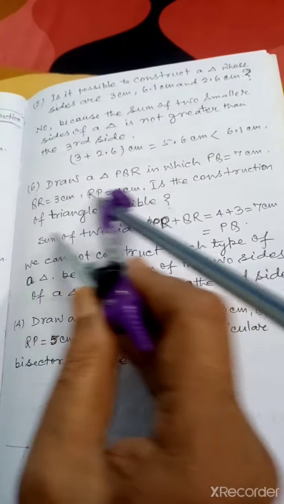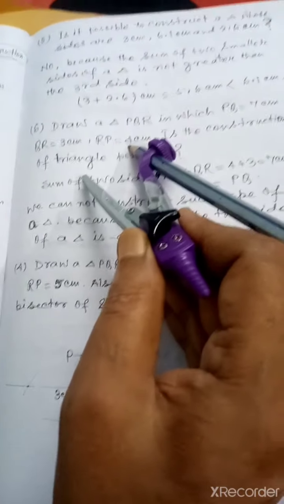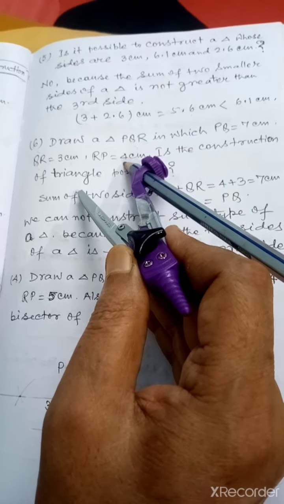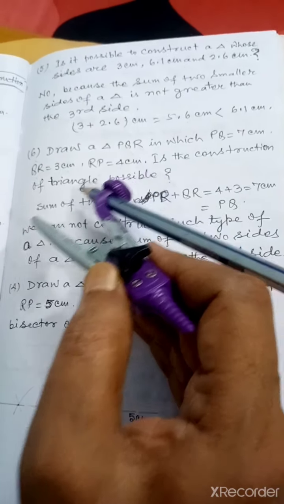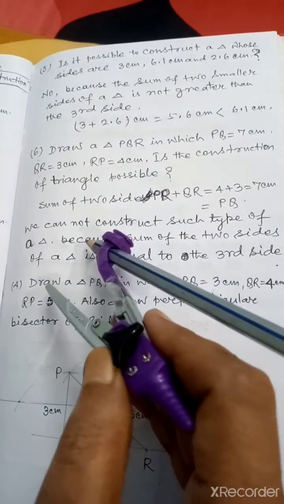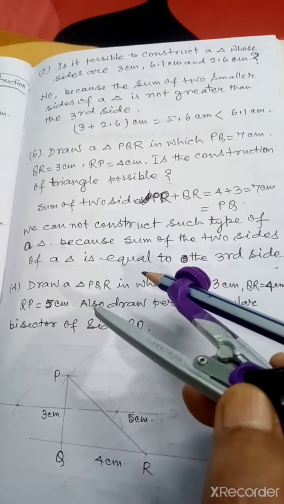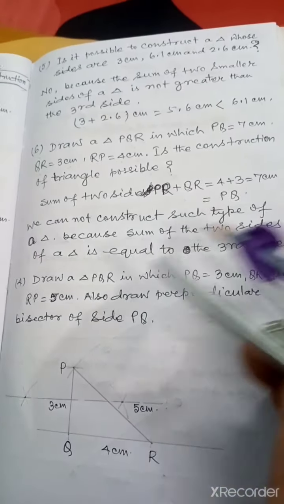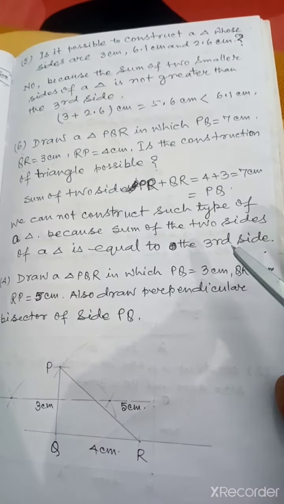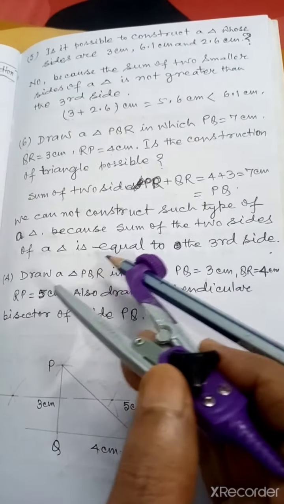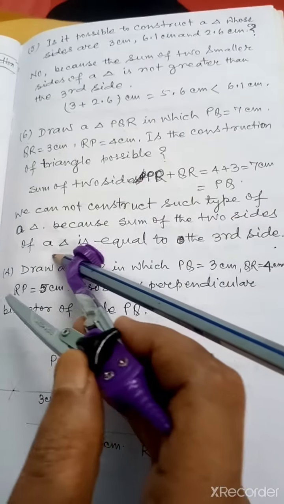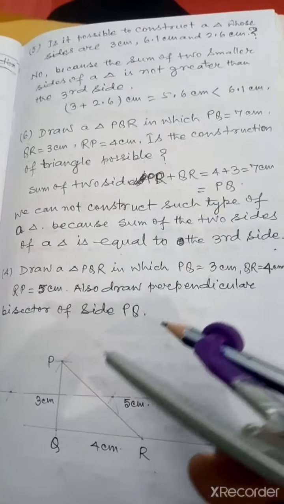That means the sum of two sides is equal to the third side. So we cannot construct such a triangle. The sum of two sides of a triangle is always greater than the third side, but in this case it is equal to the third side.